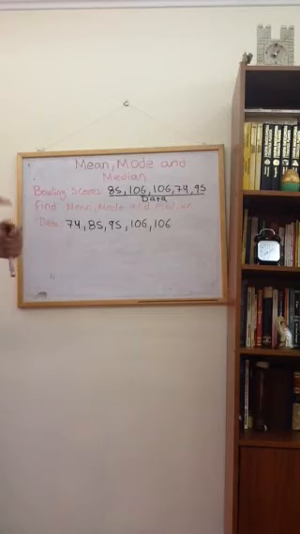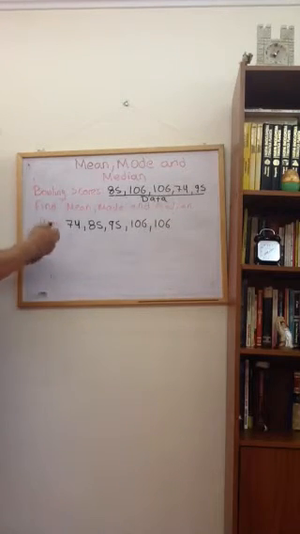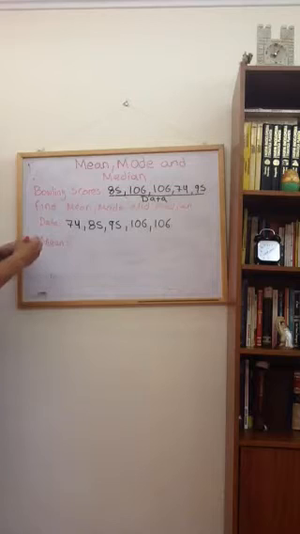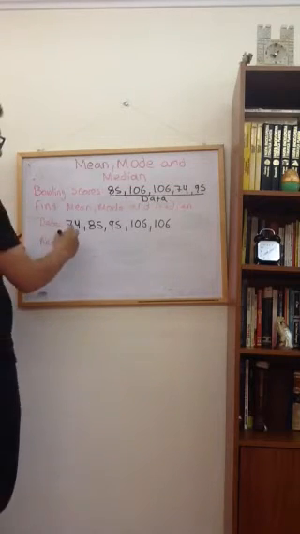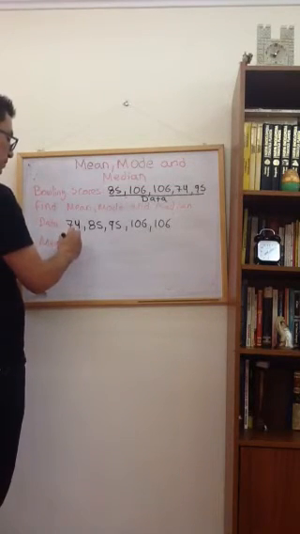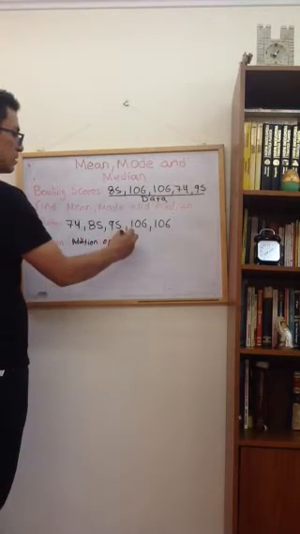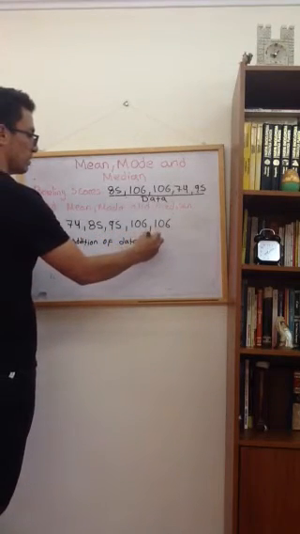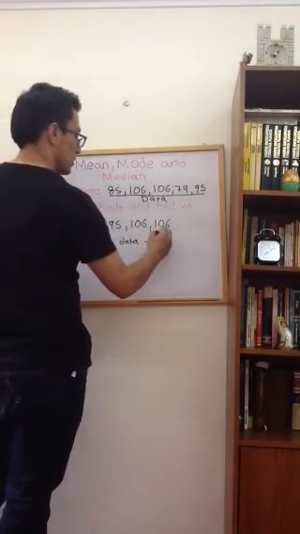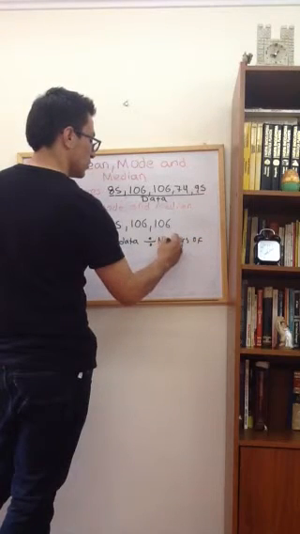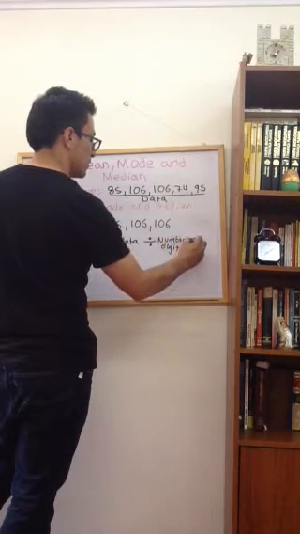Okay. Remember that in the explanation, the mean is equal to the addition of data divided by the number of digits of the data.